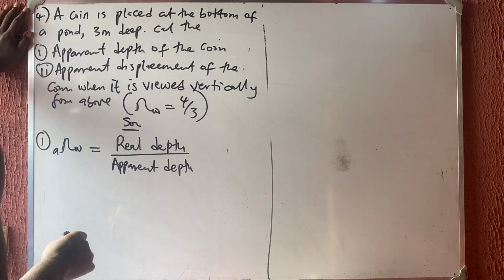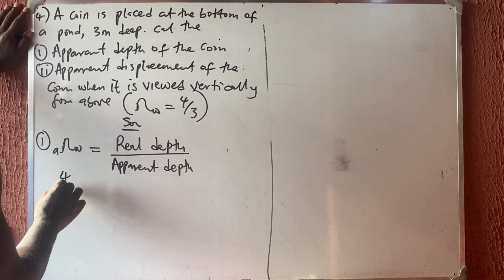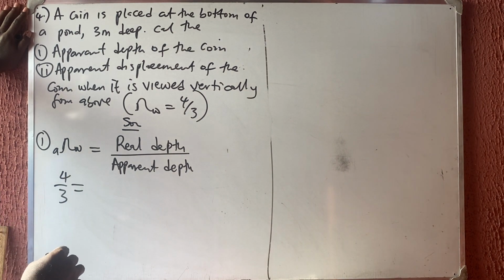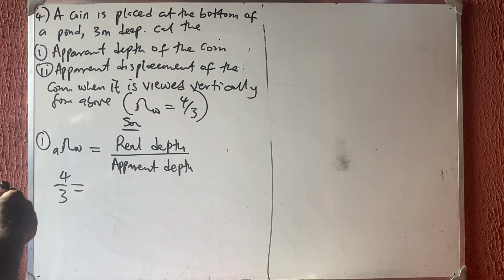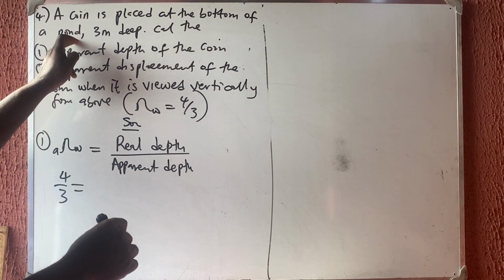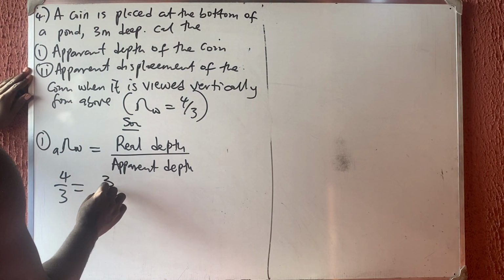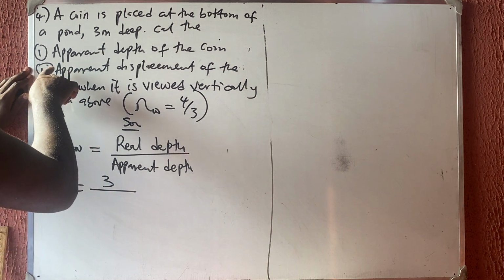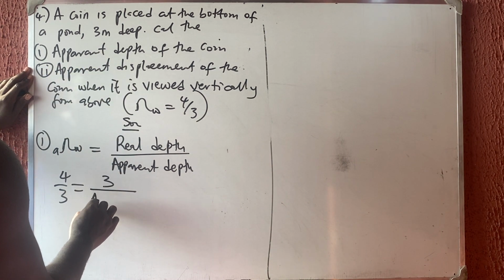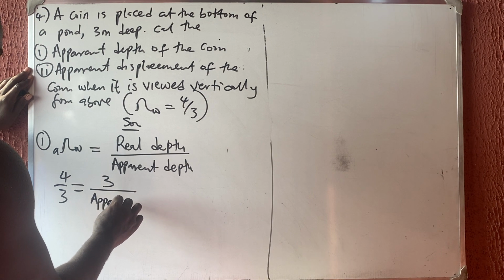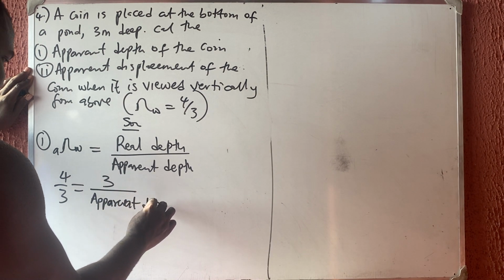So this gave us 4/3 is equal to the real depth. They say that a coin is placed at the bottom of a pond 3 meters deep. This is the real one they gave us because it is 3 meters. Then they say we should calculate the apparent one, so how it appears. That's what is meant by apparent. So the apparent depth.